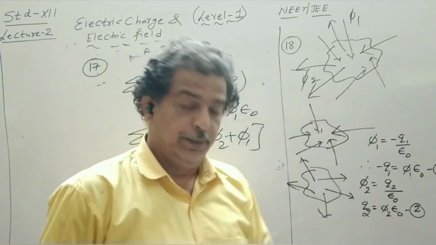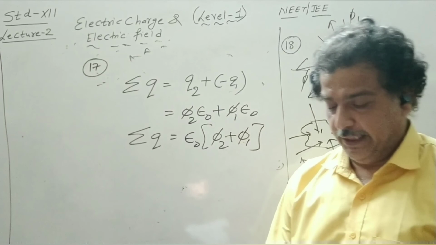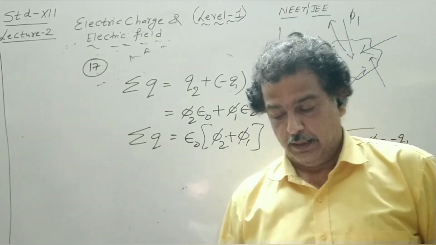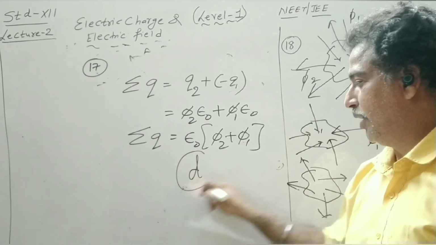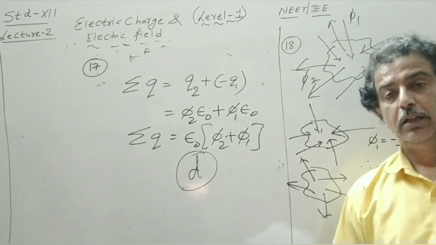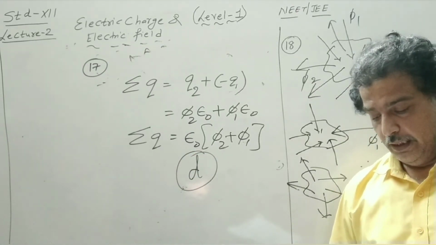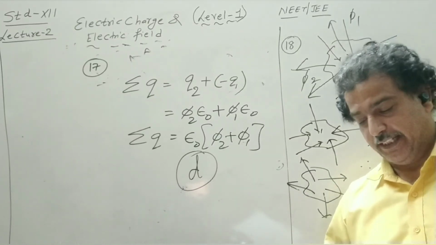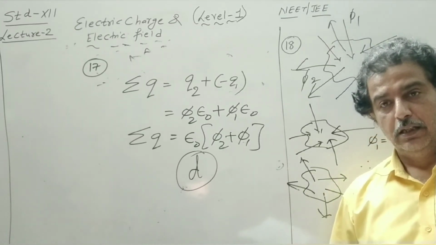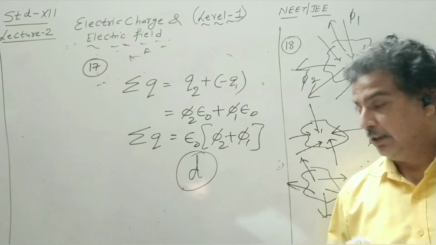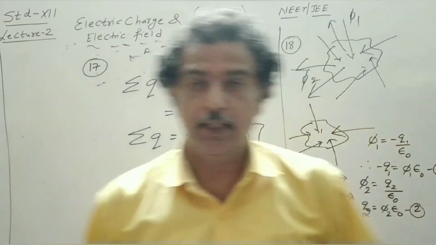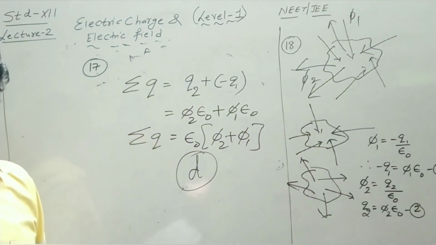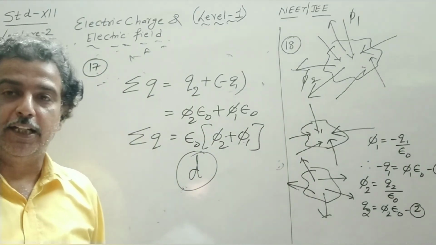Also if you see the options, the correct answer is option number D. Now if you see the options A, B and C, it is clear that the expressions in options A, B and C are dimensionally incorrect.